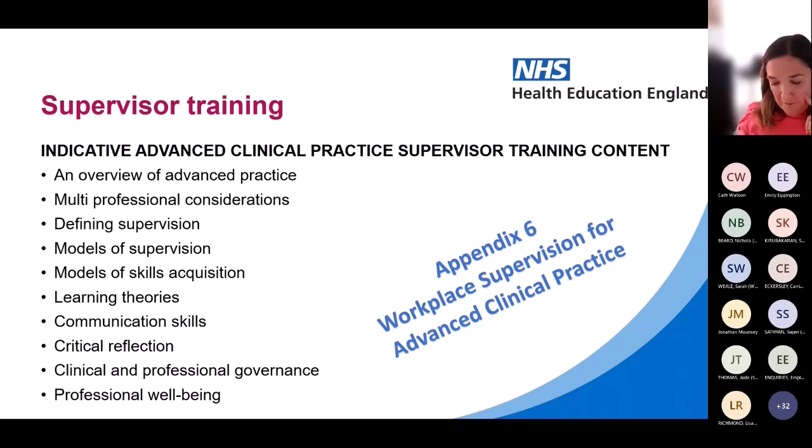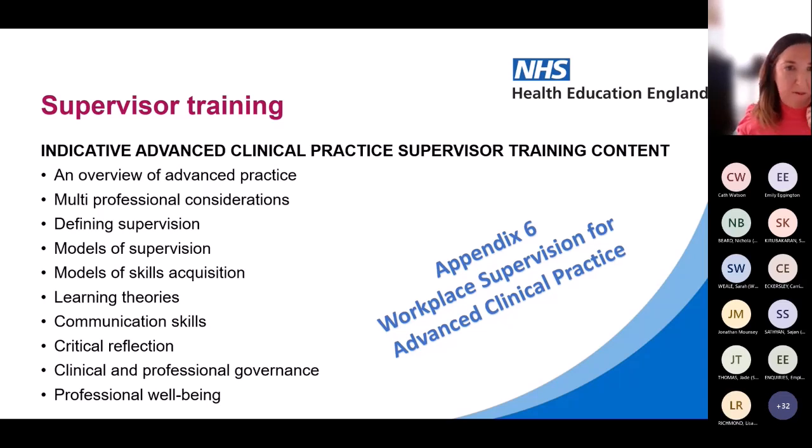So in the original workplace supervision document, Appendix 6 gave us an outline around what should be included in supervisor training for advanced practice. Obviously, an overview of what advanced practice actually is, particularly important if we're using people from outside the advanced practice group to come and supervise our trainees.